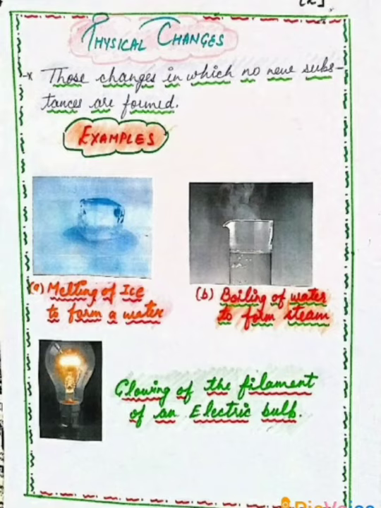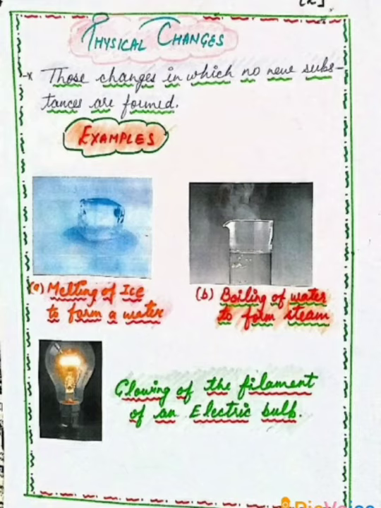They can be easily returned to their original form by some physical process. This means that physical changes can be easily reversed. So, the changes in physical state, size, and shape of a substance are physical changes.